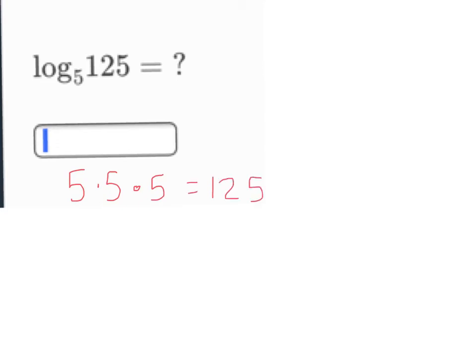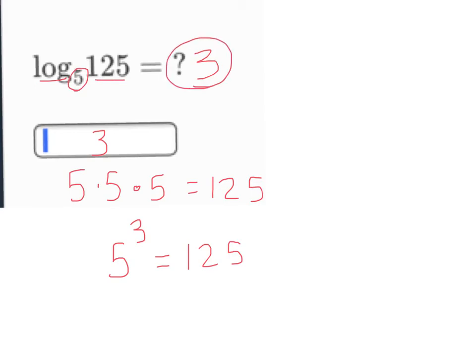Well, how many 5's is that? That's 3 of them, so 5 cubed equals 125. So the answer is 3. And so if you went in your calculator and you typed log base 5 of 125, the answer it's going to give you is 3.